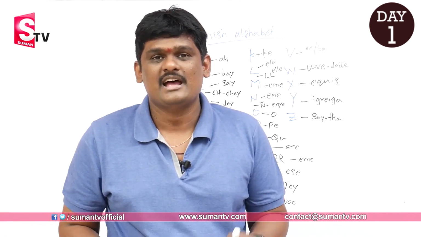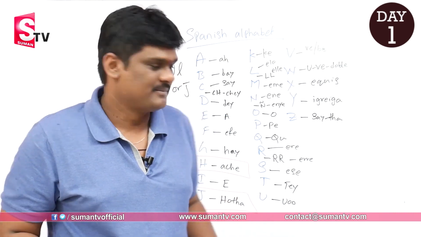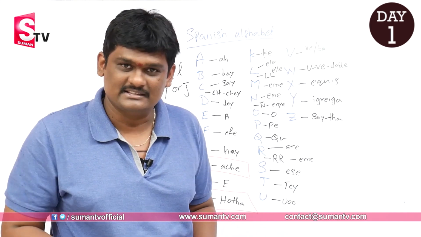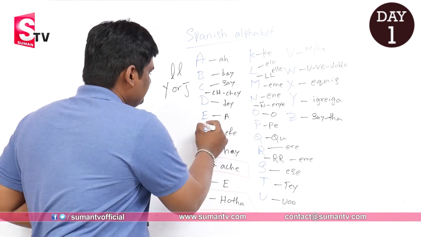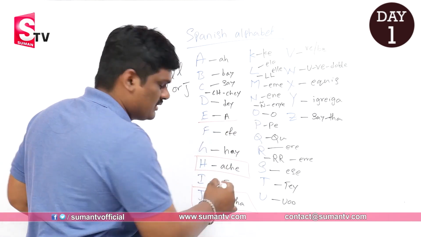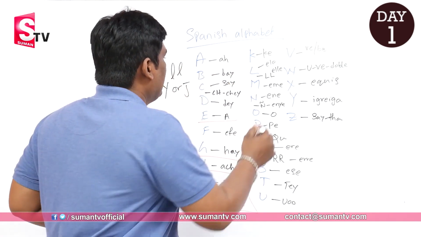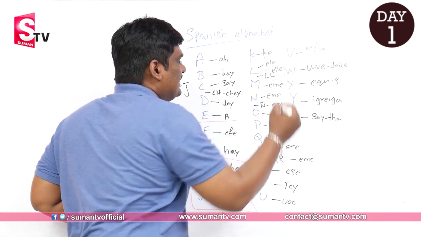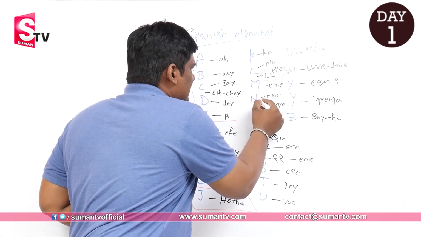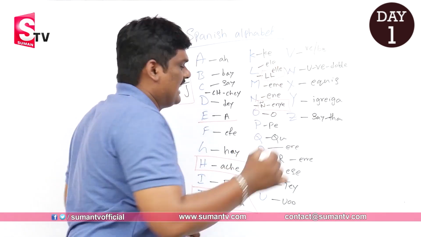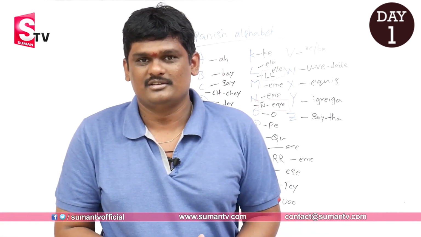J is pronounced as H. So H is silent and E is A. I is pronounced as E, and A is A. Double L is pronounced as Y or J. And this is Ñ. These are very important pronunciations in Spanish.